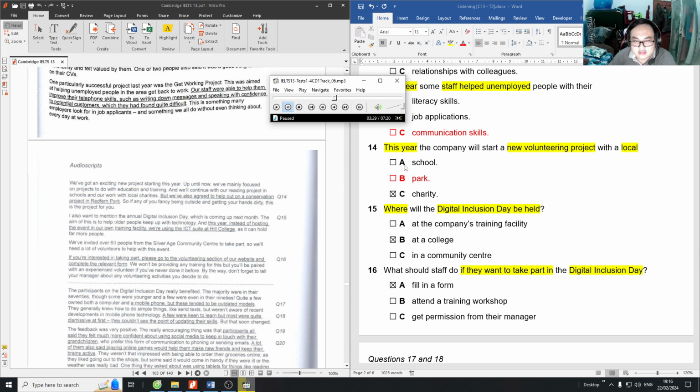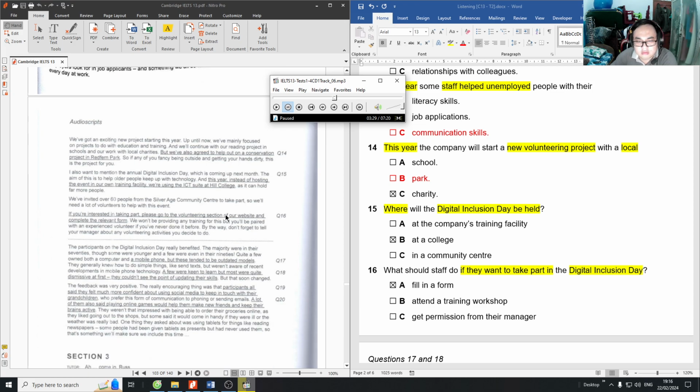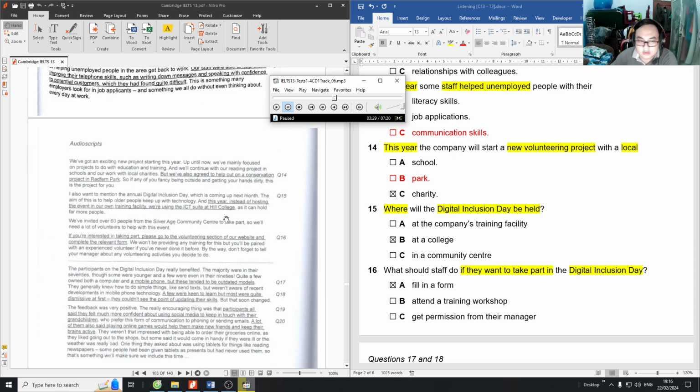But we have also agreed to help out on a conservation project in Redfern Park. So how can I know that this is a new project? You just said that you also agreed to help out. We continue with our reading project in school and our work with local charity.